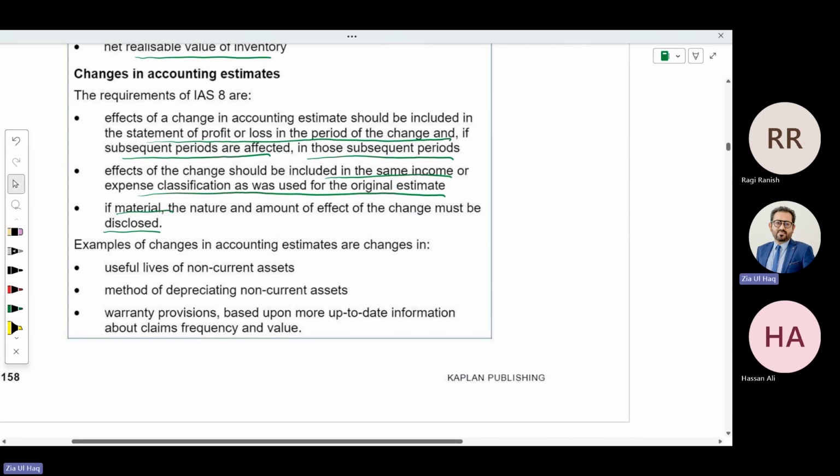What are the examples of change in estimate? Changing the useful life of non-current assets, or the method of depreciation of non-current assets, a very important point. Changing the depreciation method from reducing balance to straight line, or straight line to reducing balance, that is an estimate change, not a policy change.